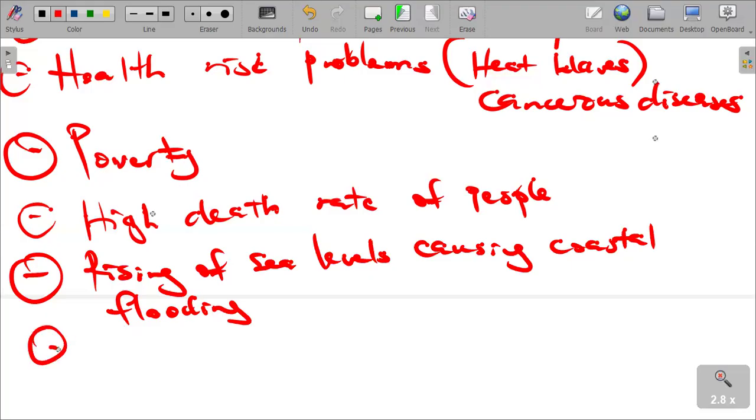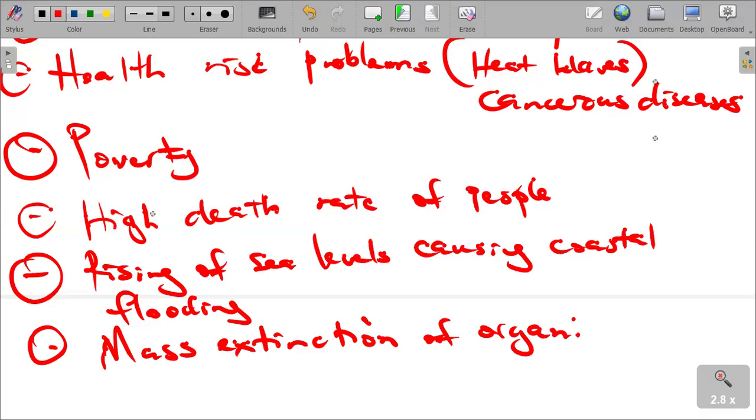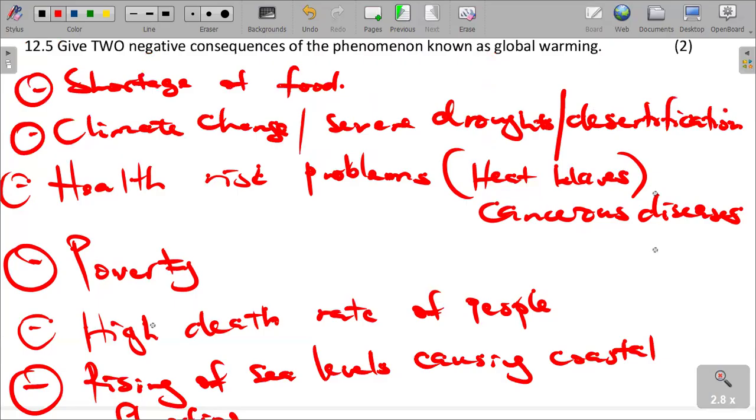And then we can also have mass extinction of organisms. Organisms die and get finished because of this.